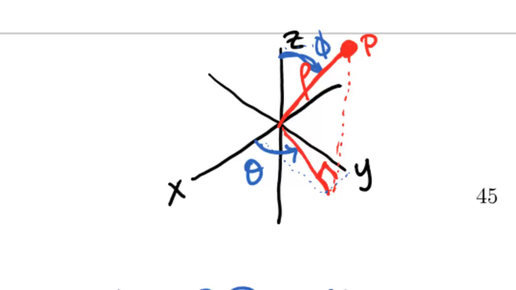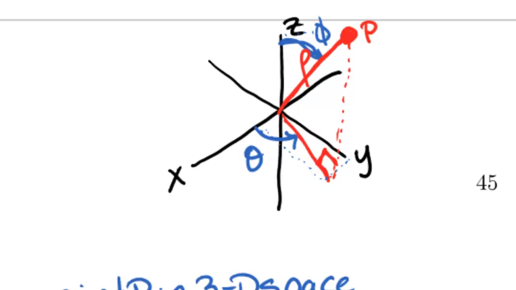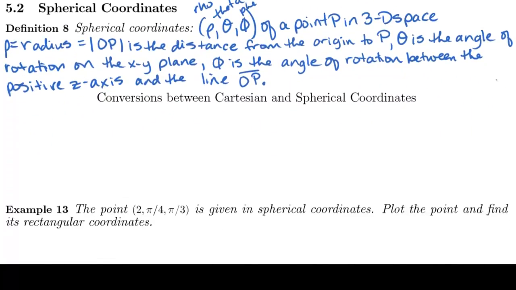So let's talk about how we would do those conversions in the formulas. We've got triangles here, so that's all we really have to do. If you want to go from Cartesian to spherical coordinates, it's pretty straightforward as far as finding the radius. It's still going to be the Pythagorean theorem, just a step up.